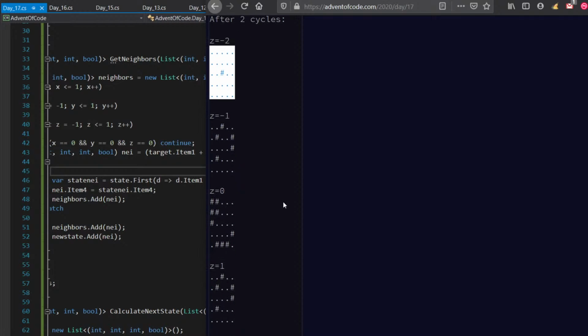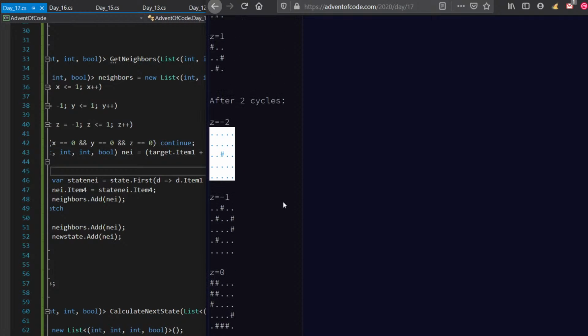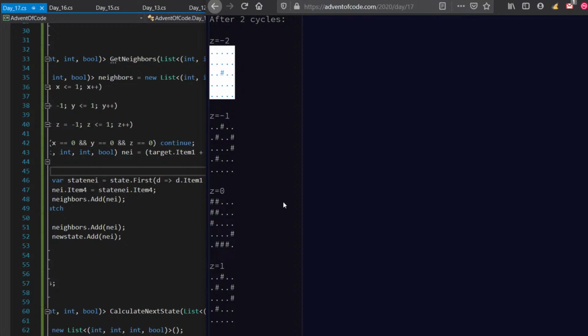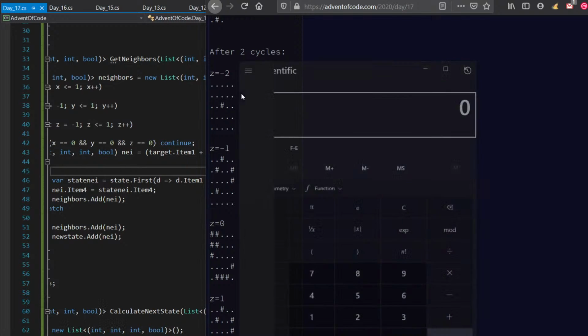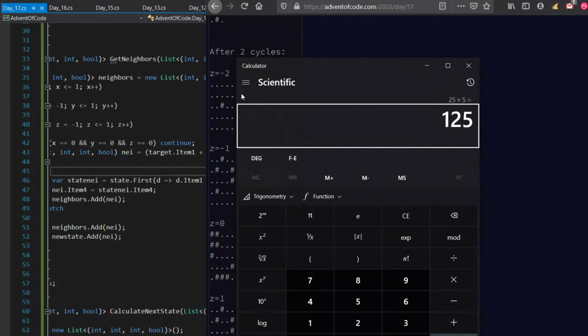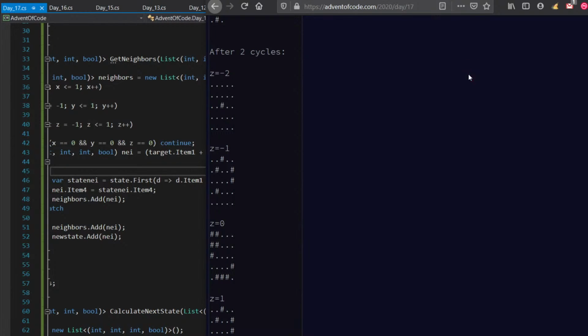Cycle 2 expands twice. What is this? 1, 2, 3, 4, 5. So 25 times 5, 125.